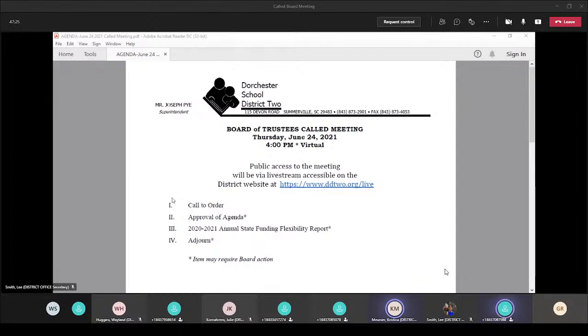We have to report the same information each year. And exactly what you just said, we had savings last year due to COVID, so we didn't need all of those funds to flex over to the general fund, so that's why you see that carryover amount. Okay, thank you.